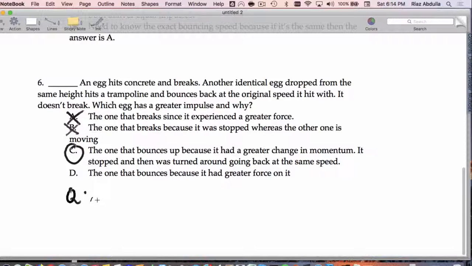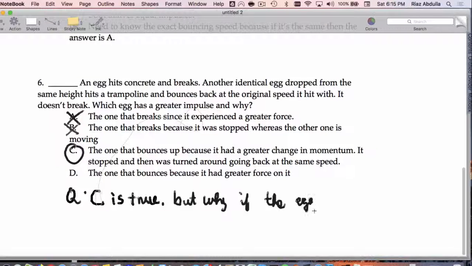Let's just be clear here. C is true. But why, if the egg breaks on concrete?